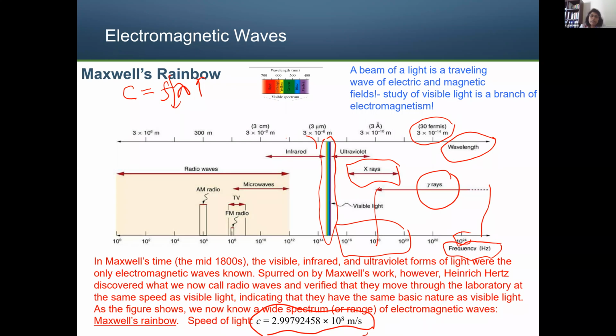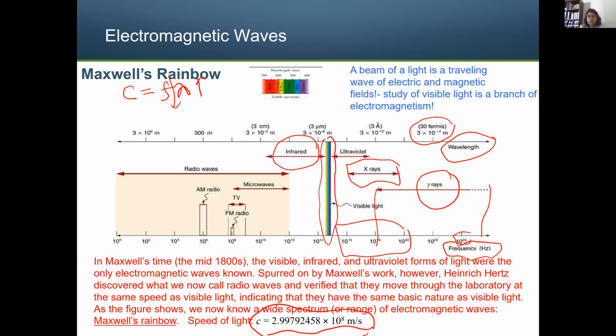And then infrared is basically something that we cannot see, but it is heat waves, like when we have the remote controller, or when you have the oven on, you will feel the heat. We call it infrared heat, and we use it for night vision cameras and astronomy observations.